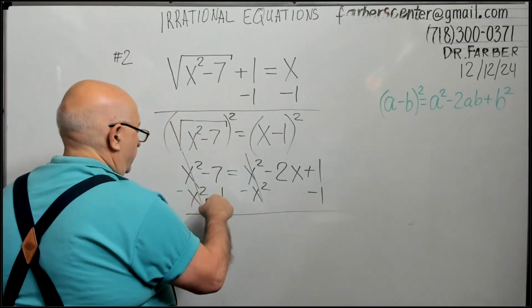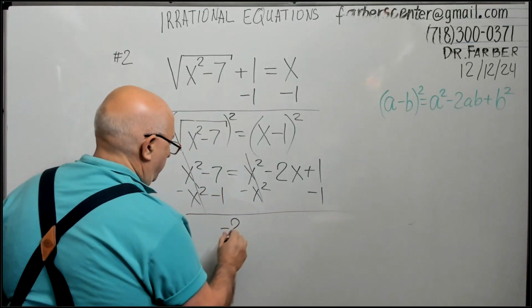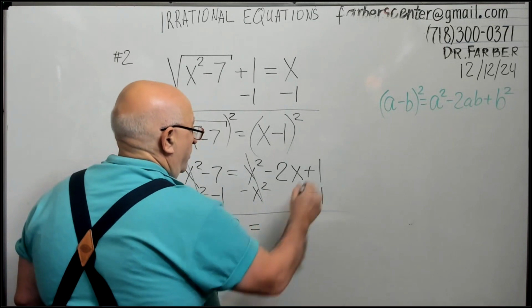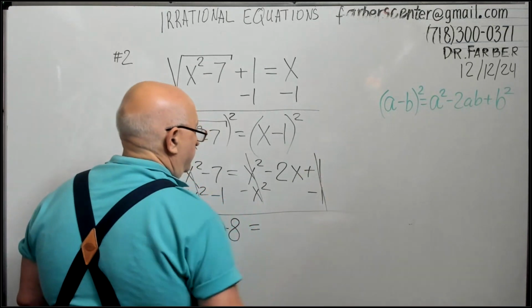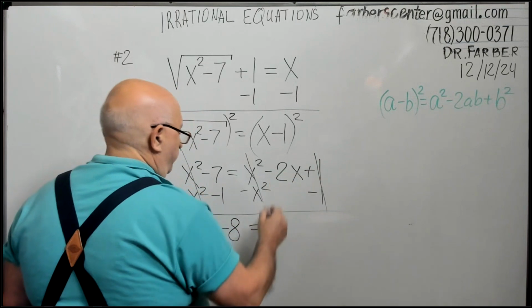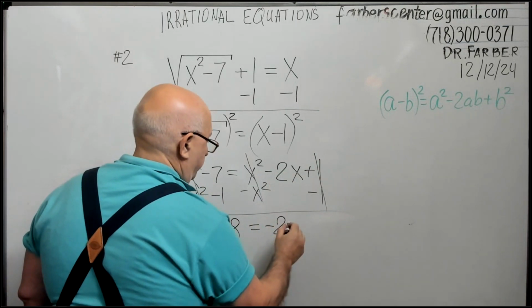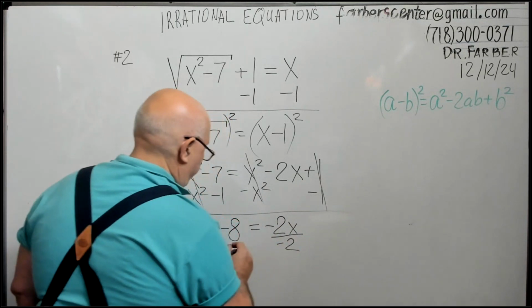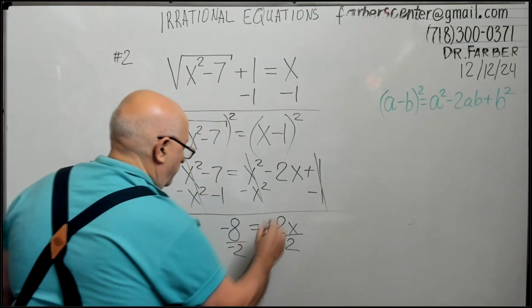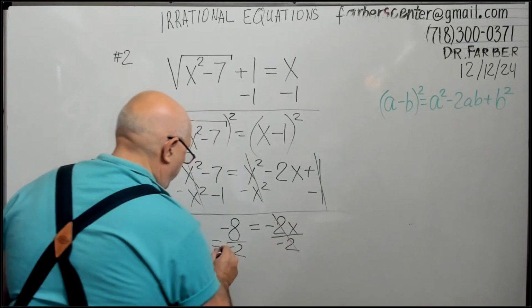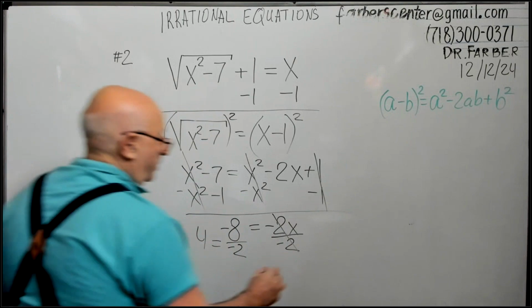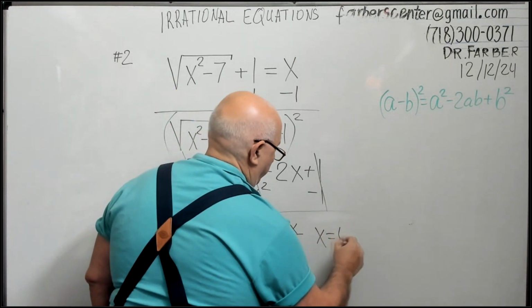Negative 7 minus 1 is negative 8. 1 minus 1 cancel out. Equals to negative 2x. Divide by negative 2 both parts. Negative 8 divided by negative 2 is 4. And x equals to 4.